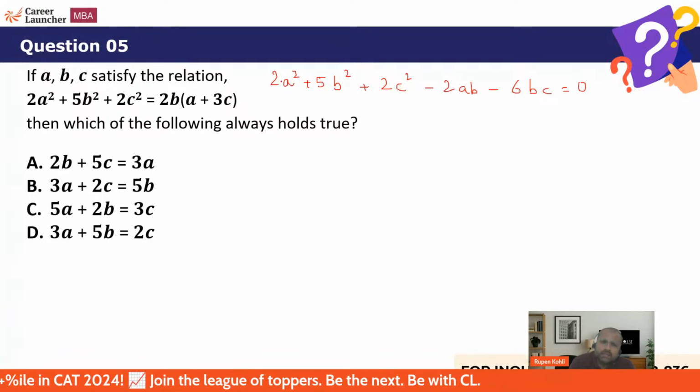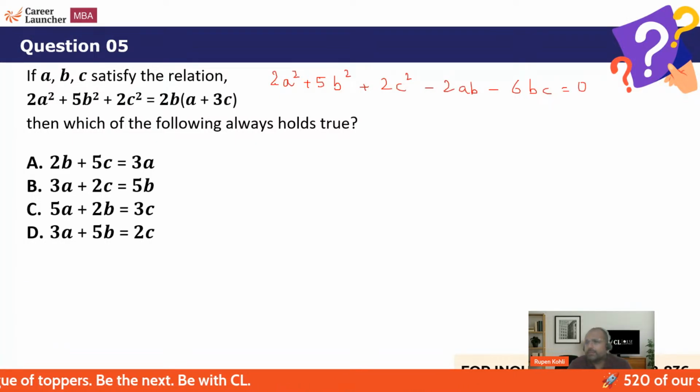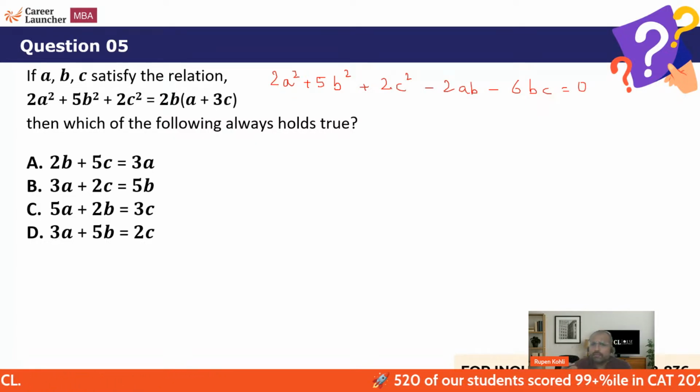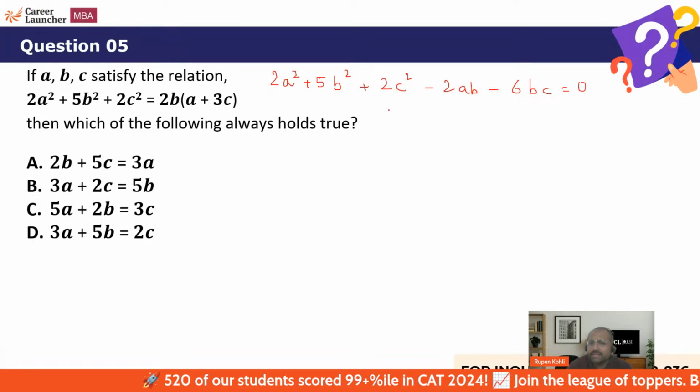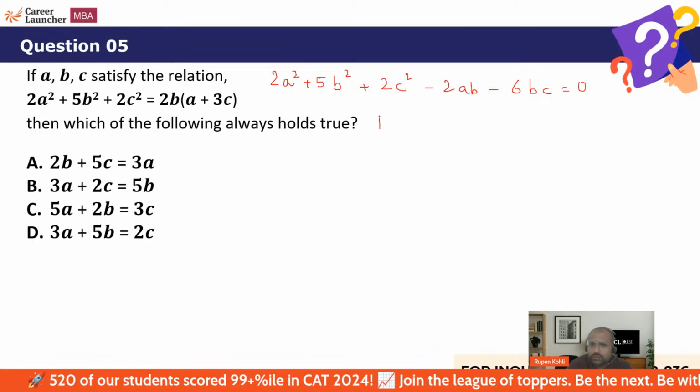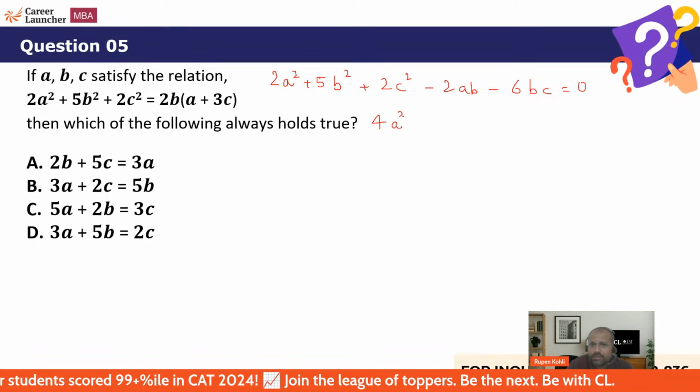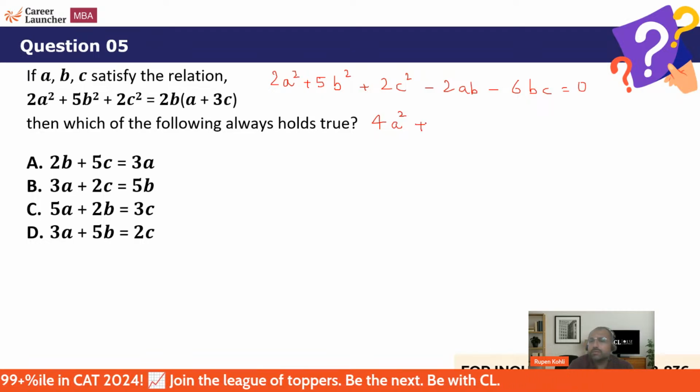If I multiply this with 2, then 4a square will be a perfect square, and likewise 2c square will become 4c square. So I will then be able to link it in that sense.